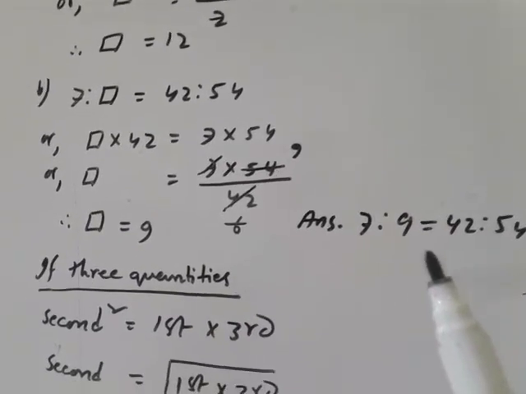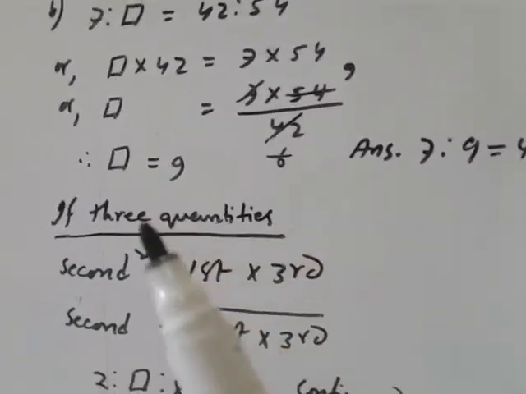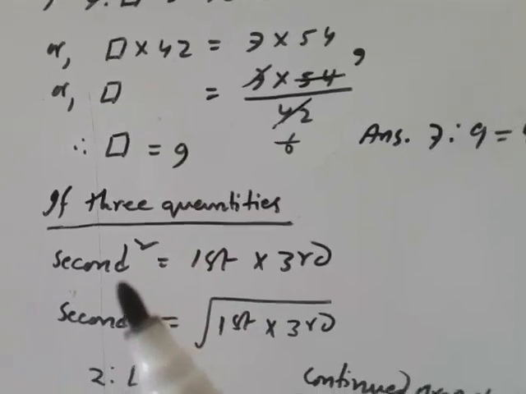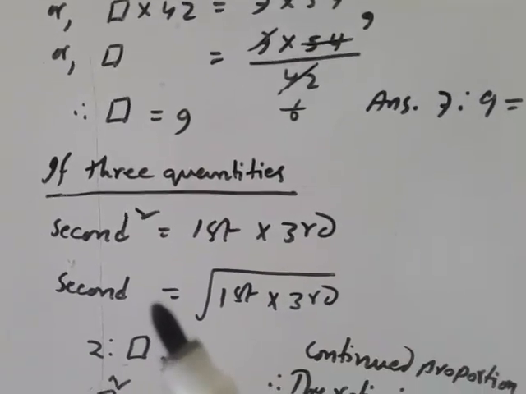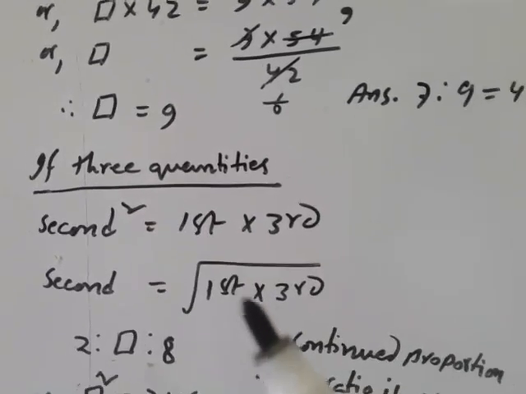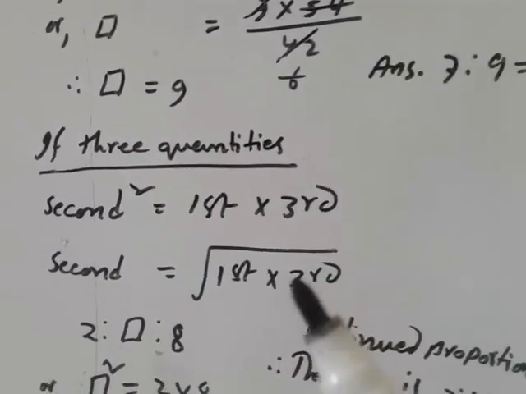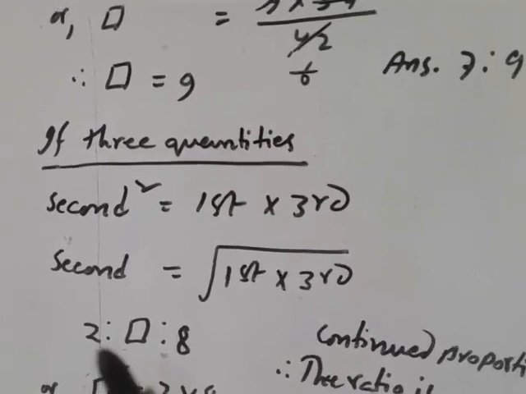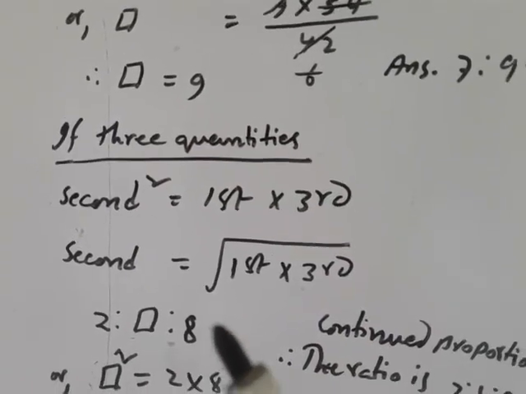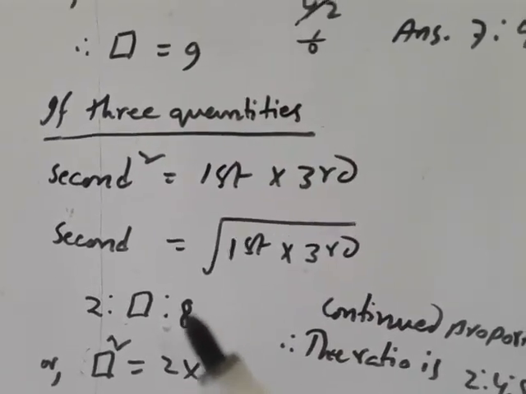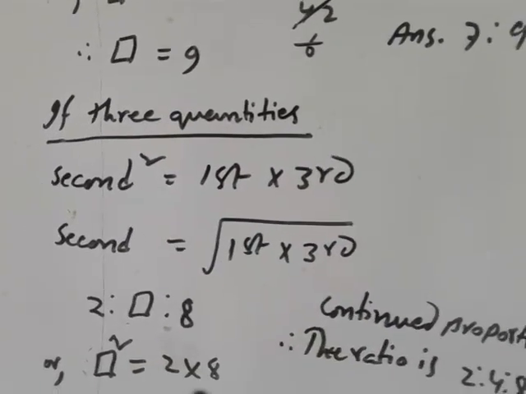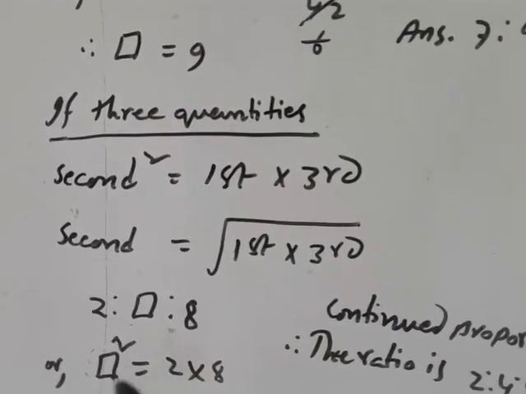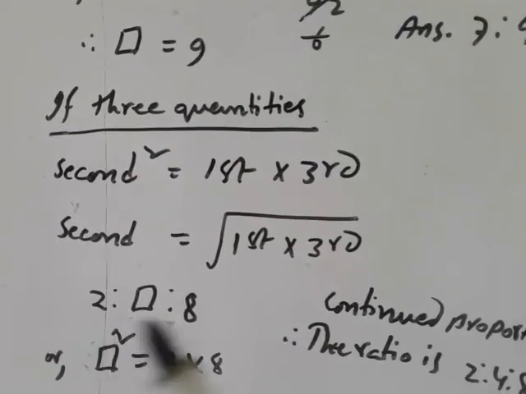If there are 3 quantities, the second squared equal to first multiply third. Therefore, second equal to the square root of first multiply third. The first quantity is 2, second quantity is blank, third quantity is 8. So second squared equal to first multiply third.